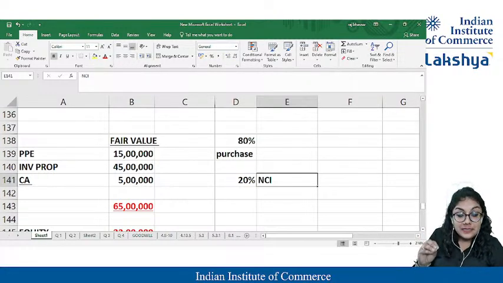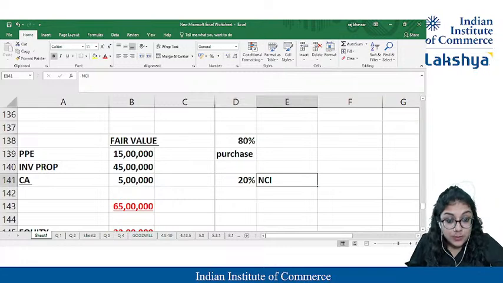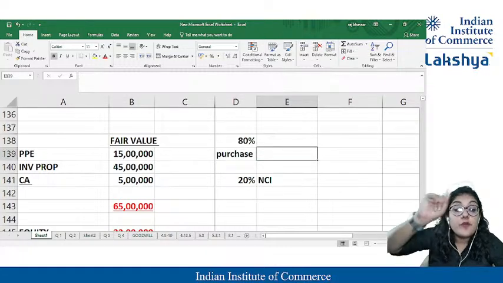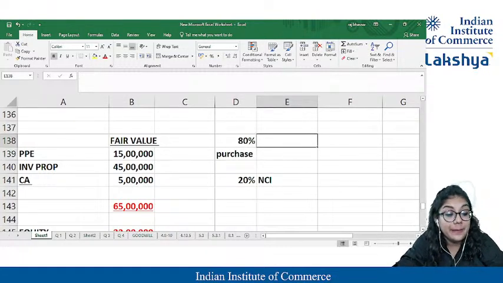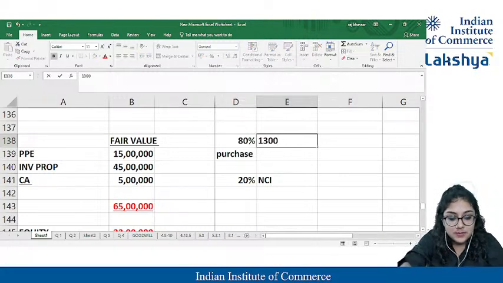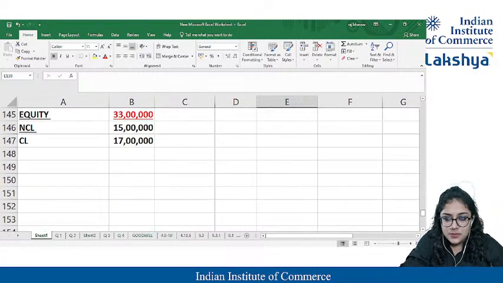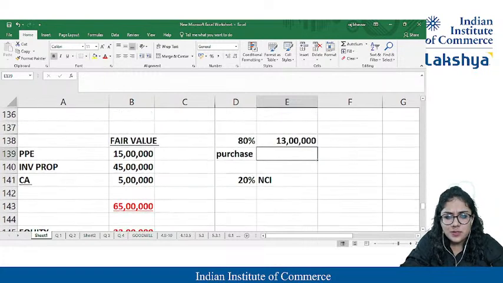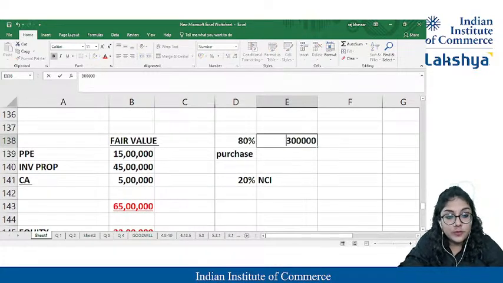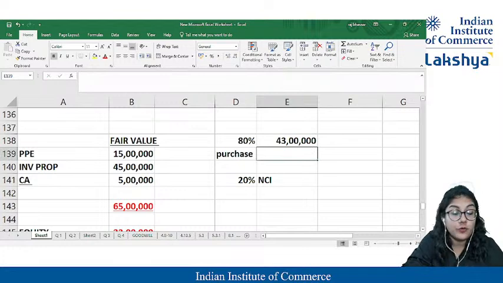Initially they would always give you an amount. What is the purchase price? So they told for 80% stake you had paid them, for example 13 lakhs. Let's not go with 13 lakhs, let's go with 43 lakhs. You have paid them a payment of 43 lakhs.